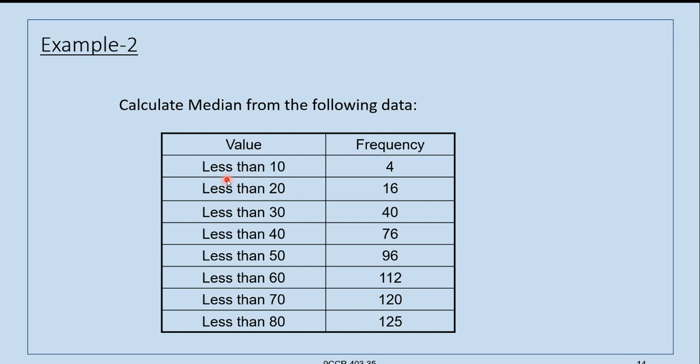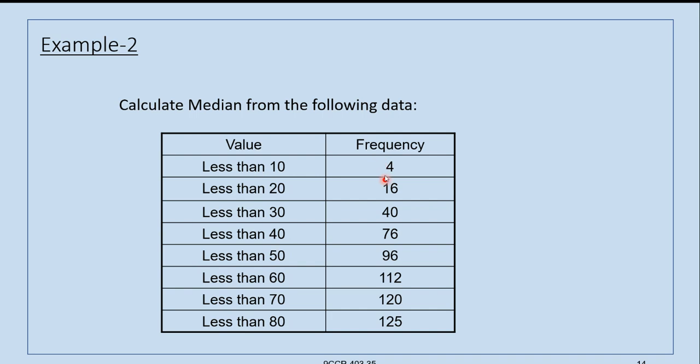Assuming uniformity in the series, 0 to 10 we can take as the first class interval and continue. That means the class intervals will be 0 to 10, 10 to 20, 20 to 30, 30 to 40, 40 to 50, 50 to 60, 60 to 70, 70 to 80.